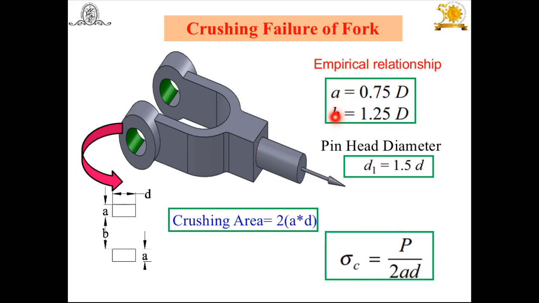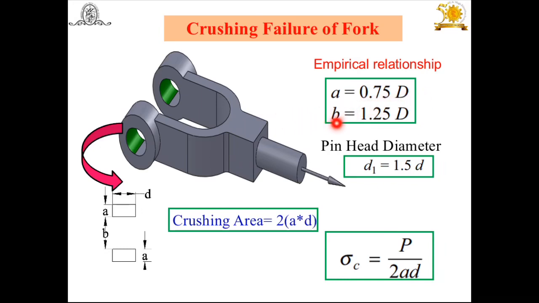And how to take the values of small a, small b, small d and d1? We can easily calculate a and b if we know the end rod diameter, that is capital D. The a, thickness of the eye of the fork, is 0.75 into capital D, the end rod diameter.